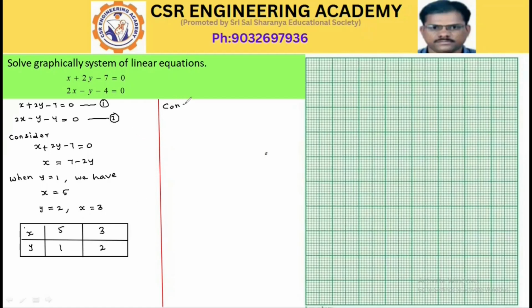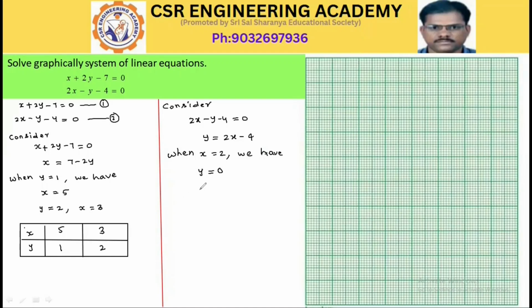Consider equation 2: 2x - y - 4 = 0. Rearranging the terms, y = 2x - 4. When x = 2, we have y = 2 × 2 - 4 = 4 - 4 = 0.